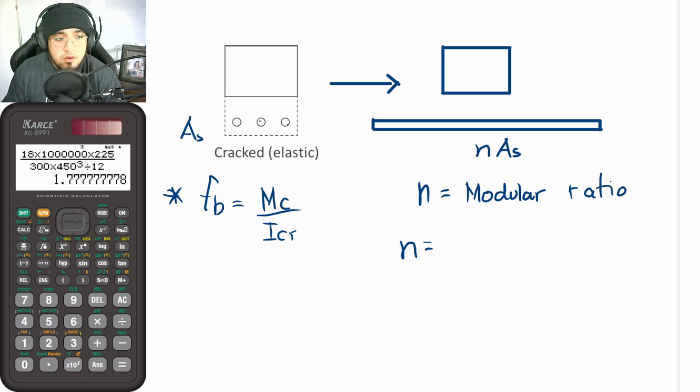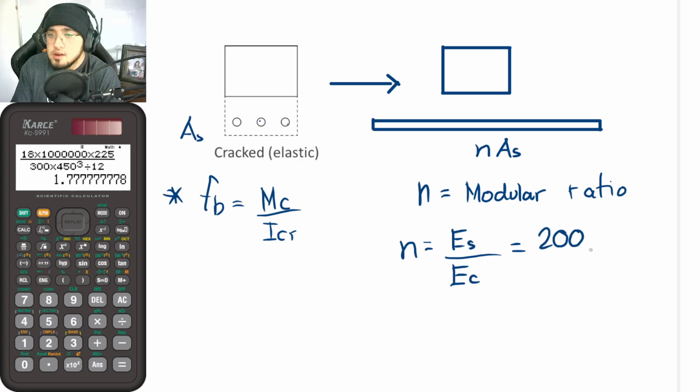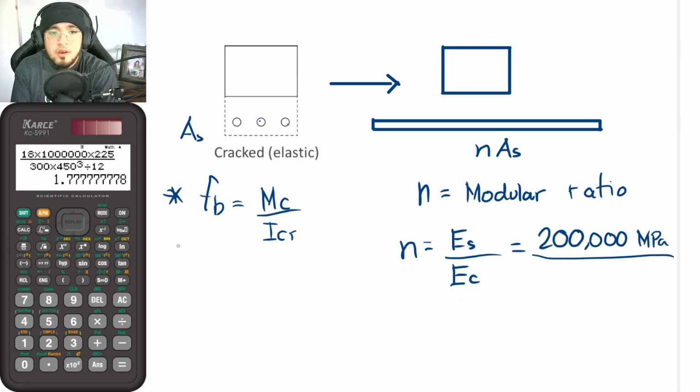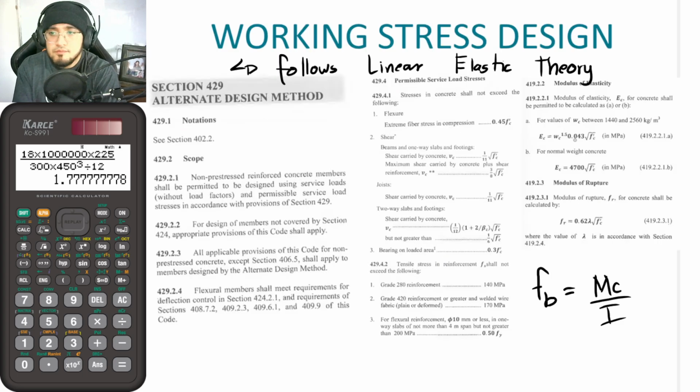Furthermore, once again, this is equal to the modulus of elasticity of steel divided by the modulus of elasticity of concrete. The modulus of elasticity of steel, according to the code, is equal to 200 gigapascals or 200,000 megapascals. What about the modulus of elasticity of concrete? If you look at the code, it is actually given here.